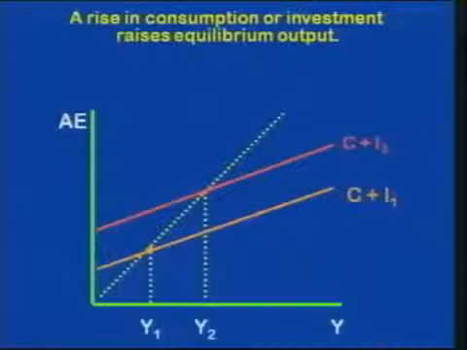Now what I want to do is talk about how changes in consumption or investment affect the macroeconomy. Suppose we start out with a particular level of consumption and investment, and we have an equilibrium at Y1. If we increase the investment, if firms all of a sudden decide that at the current interest rate, we're not changing the interest rate, they now want to invest more, why that happens is not really relevant.